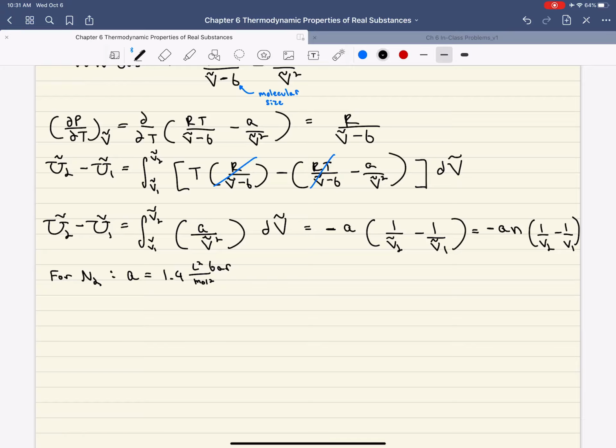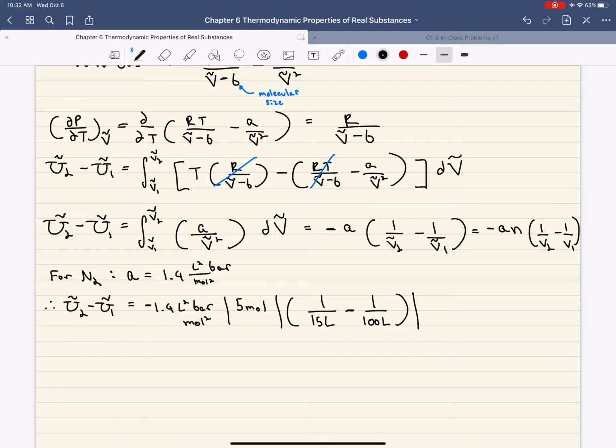All right, so if we plug that in to our U2 minus U1 equation, what we get is negative 1.4 liter squared bar per mole squared times 5 moles, and then times 1 over V2, which was 15 liters, minus 1 over V1, which is 100 liters, and then we need to do some unit conversion as well.